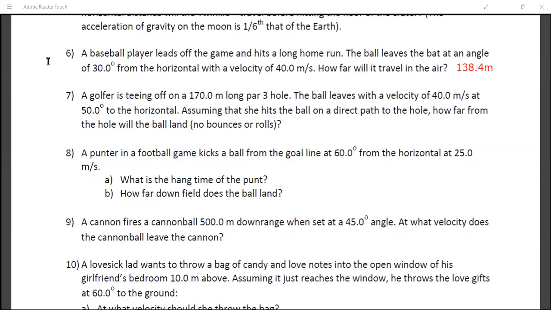Yeah, Tanmay, the sixth one is a direct, first type, oblique projectile. So directly use the range formula for the sixth one, Tanmay.